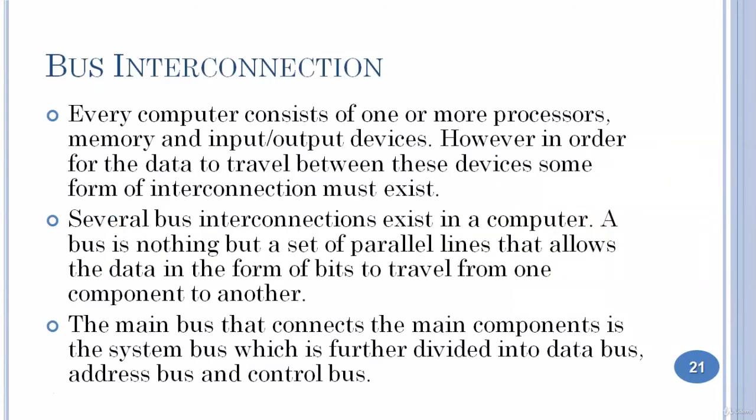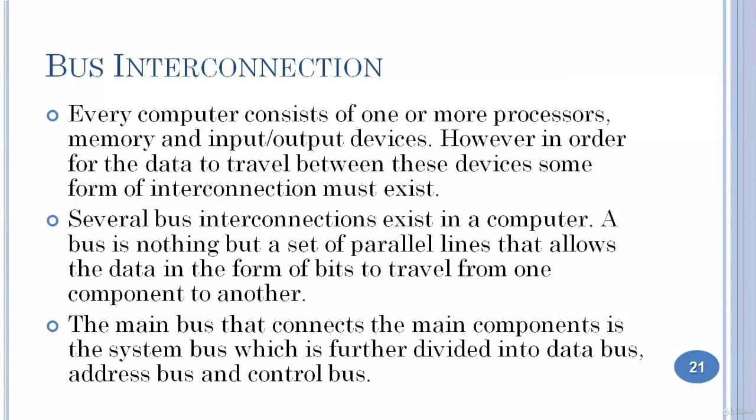Now the last type of the computer hardware is the bus interconnection. A bus is nothing but a set of parallel wires which is used to connect the different components in a computer.